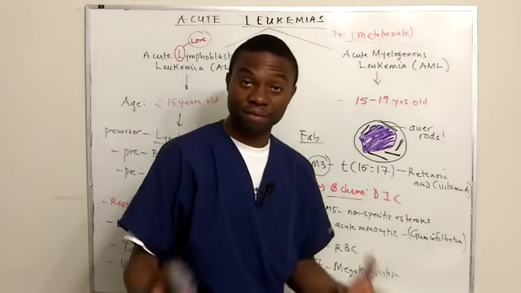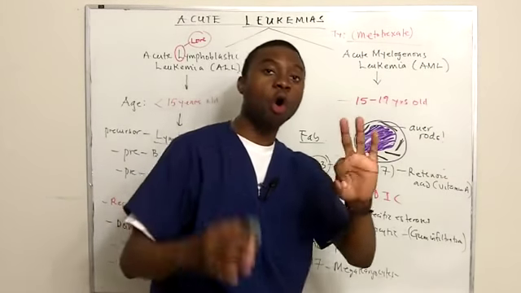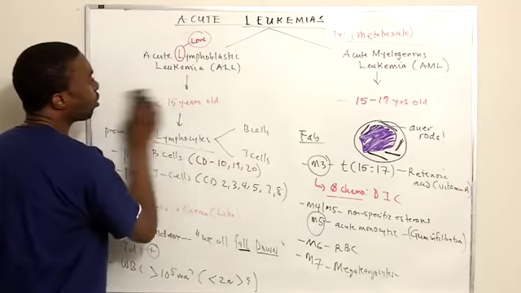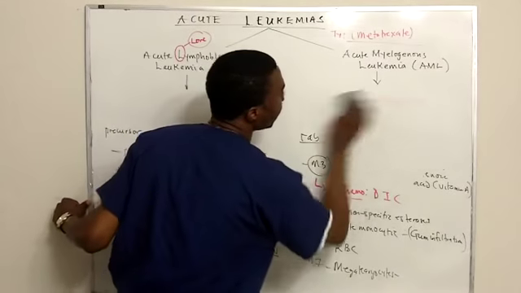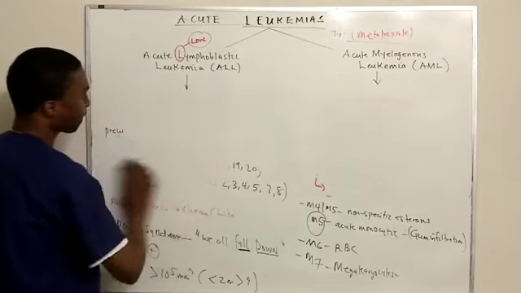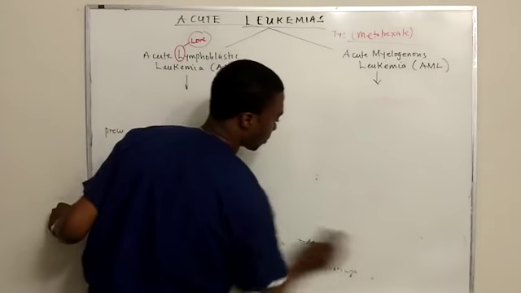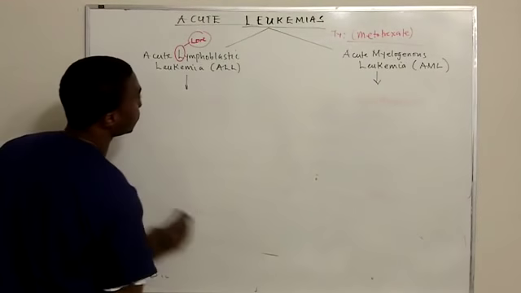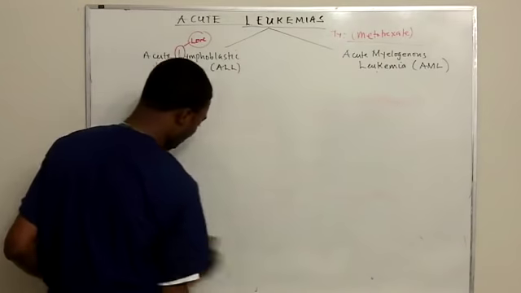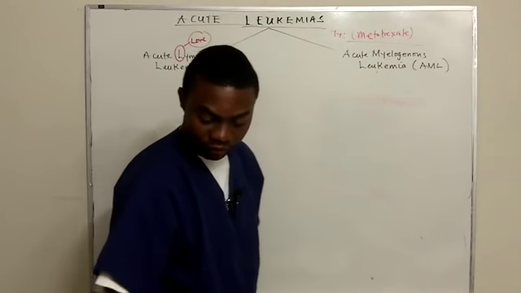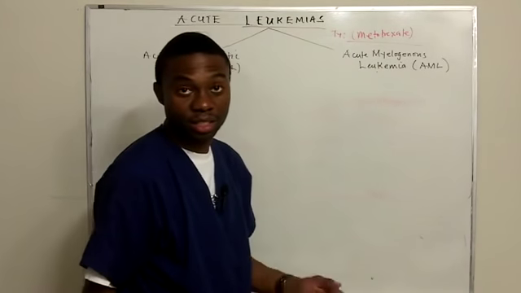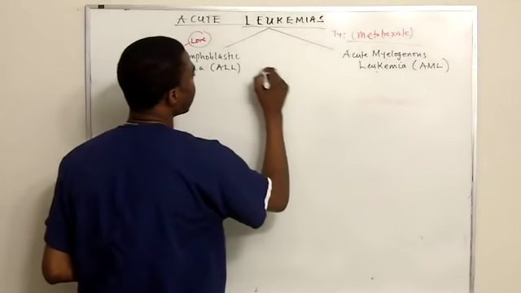So if the bone marrow is affected, we're going to affect all three cell lines. So if all three cell lines are affected, we can easily break it down into three, right?